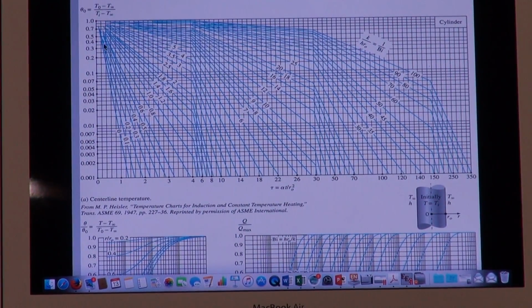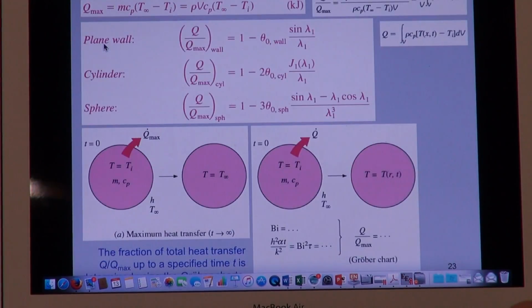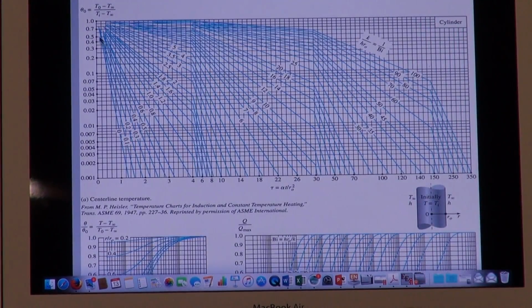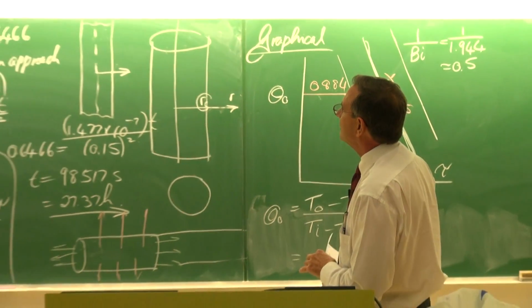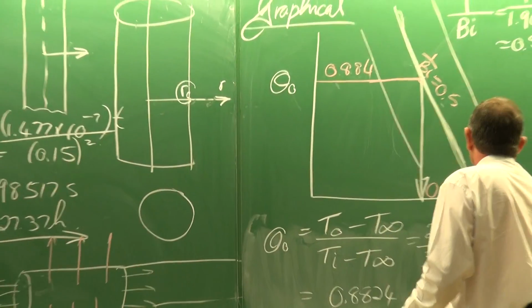And then you'll see the non-dimensionalized temperature is 0.8. So it's very close there. If your eyes are as good as mine, then you will see that this value is exactly 0.6. What was it? 0.6466.